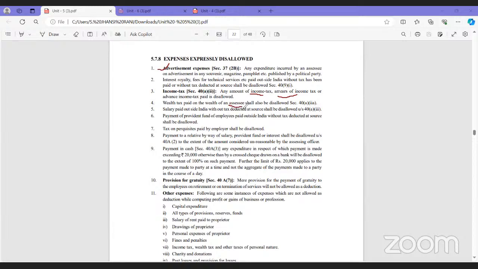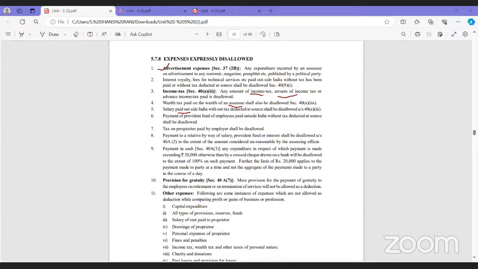SSE is an individual. The owner is different and the business is different; the person who started the business is different as per the business entity concept. So whenever any wealth tax is paid by an SSE, it is a disallowed expenditure. Also salary or provident fund of employees paid outside India without deducting any TDS. Next, any perquisites paid by the employer or any tax on perquisites, and provision for gratuity.